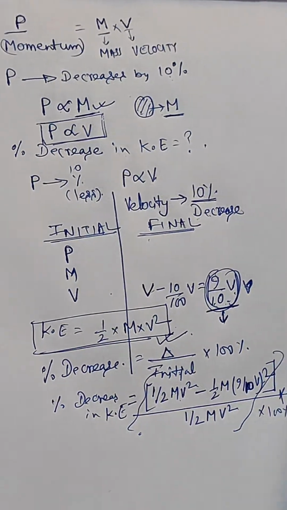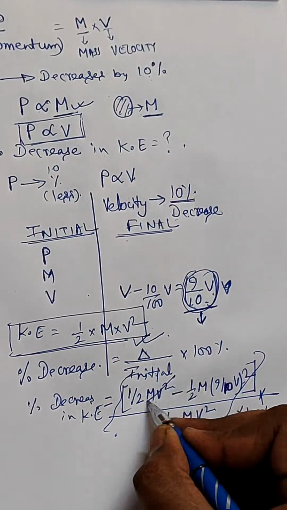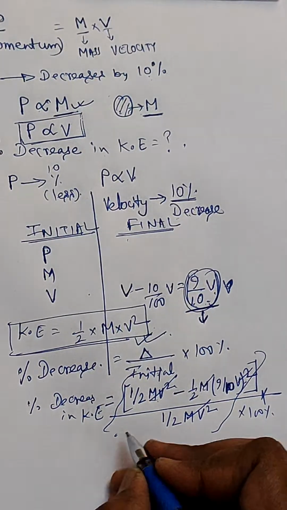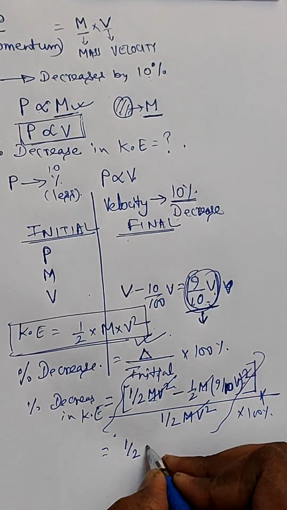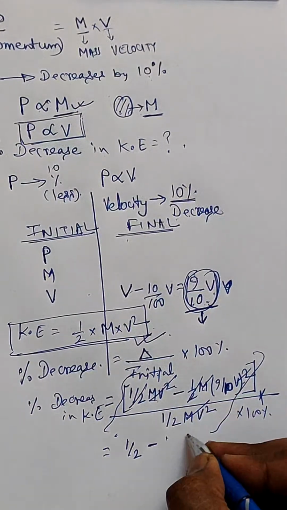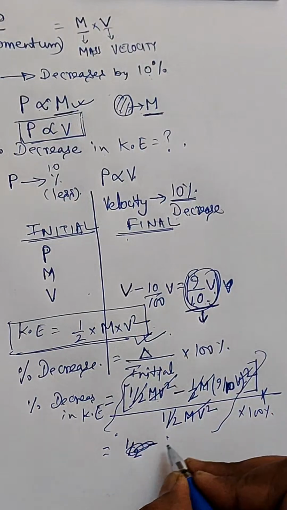Now what I will do: m v square, m v square, m v square, all will be cancelled out, and we are left with 1 by 2 minus, and even 1 by 2 can be cancelled out. You can see 1 by 2 is in all the three terms. So we are left with what?